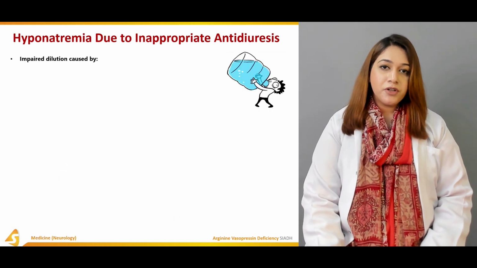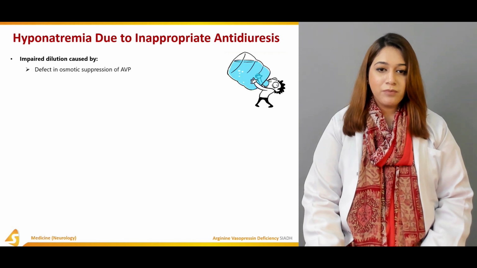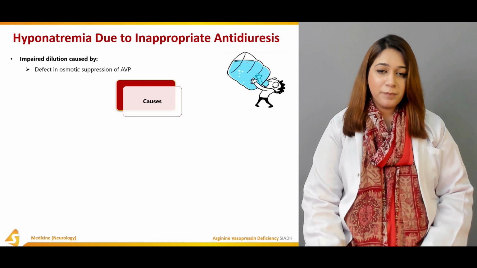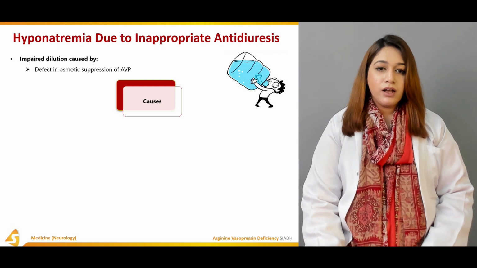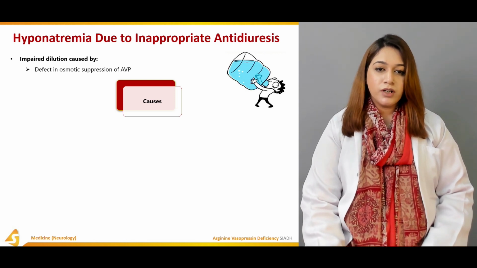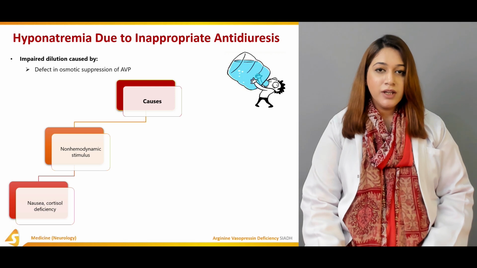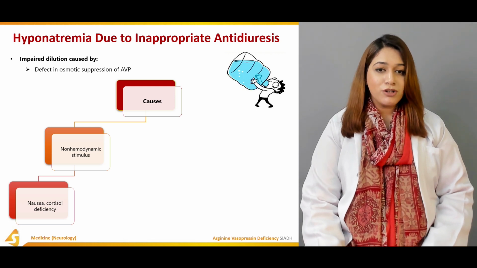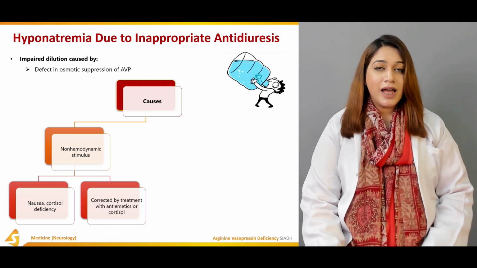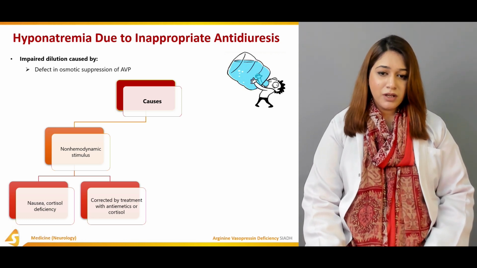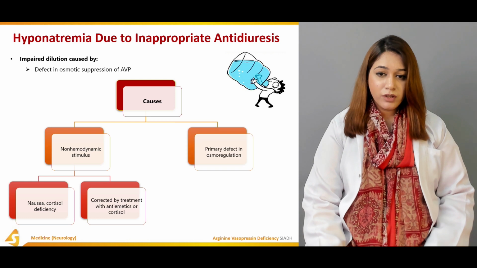Now, the impaired dilution is caused by a defect in osmotic suppression of AVP. And what are the causes of defect in osmotic suppression of AVP? They can be certain non-hemodynamic stimuli like nausea or cortisol deficiency, and it can be corrected by treatment with antiemetics or cortisol.